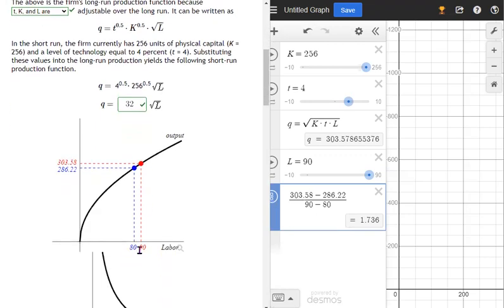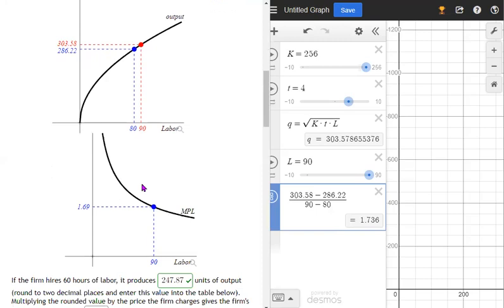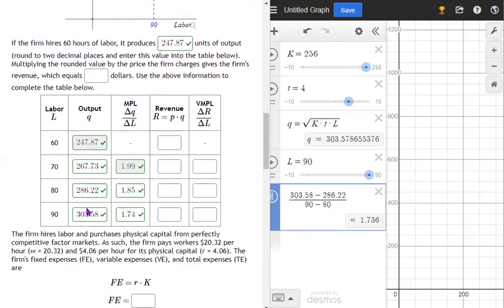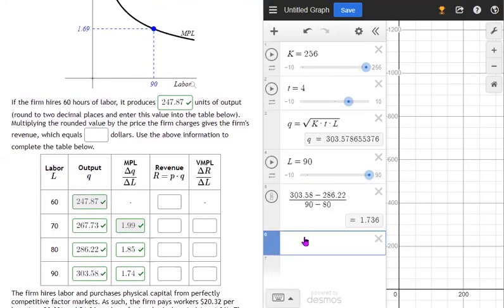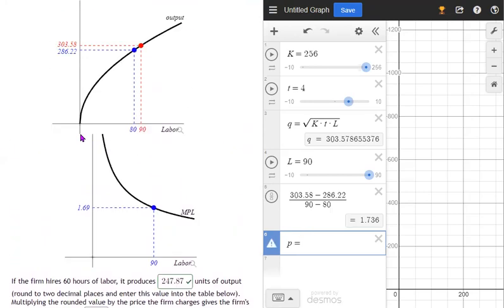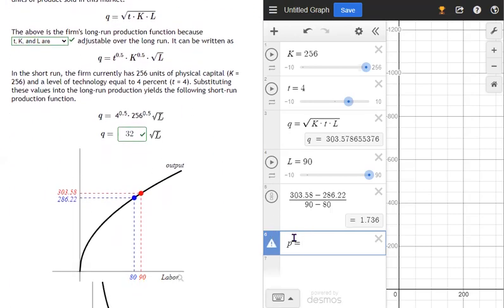Okay, so when we go from 80 to 90, output goes from 286.22 to 303.58. And the slope at this red dot here is 1.69. Okay, so now what we want to do is calculate the revenues here. And the price, if you remember, the price was what? The price was $11.